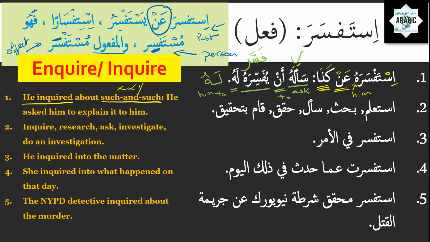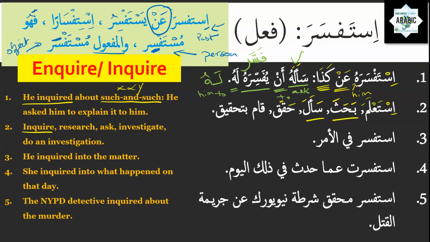The second example we have استعلم. It also means inquire. And استفسر, it's a synonym, but you have a set of verbs here. I'm going to put the short cases, then explain each. بحث, research or look for. So that's a verb. سأل, ask. حقق.